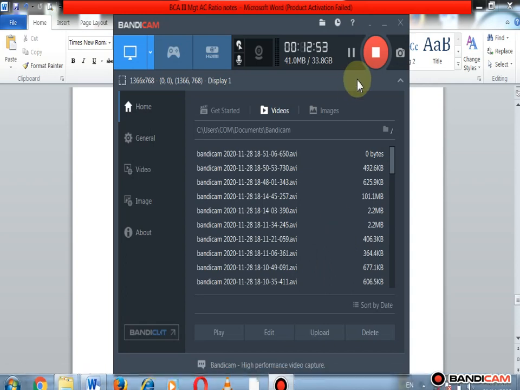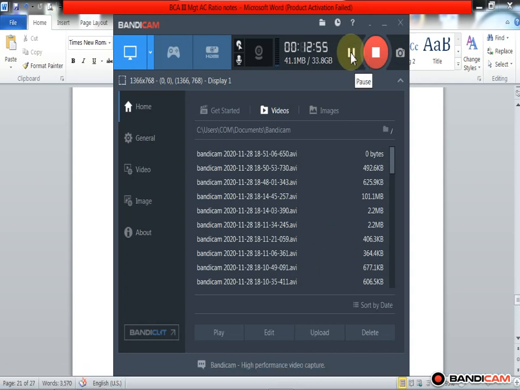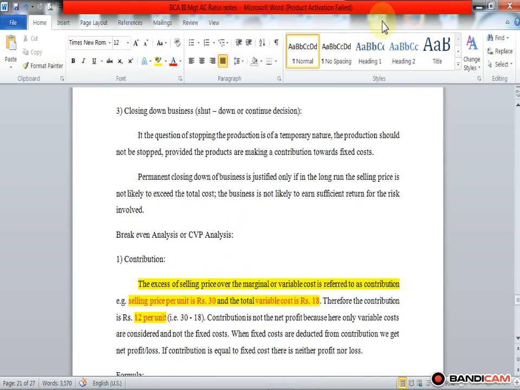Here some formulas are given to calculate the CVP. So we calculate the ratios with the help of this formula, or find out the break-even point and contribution with the help of this ratio. Break-even analysis or CVP analysis includes contribution.